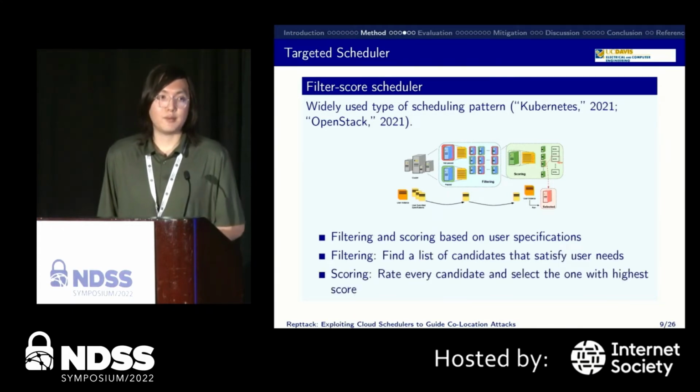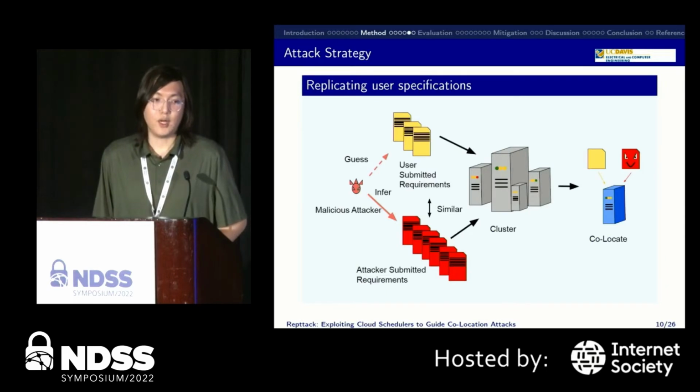The filtering step first tries to find a list of candidate nodes for the user and kicks out other nodes that do not meet the requirements, like they do not have enough resources or they do not match the affinity requirements the user proposes. And the scoring step basically gives a score for every node in the candidate list and selects the one with the highest score. So our attack strategy is shown in this slide.